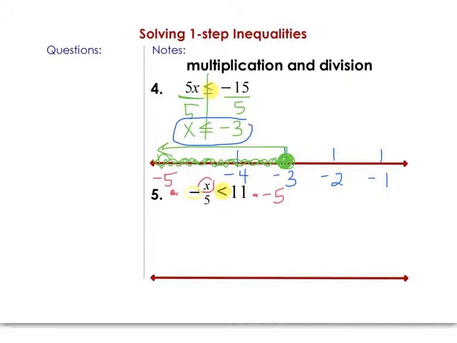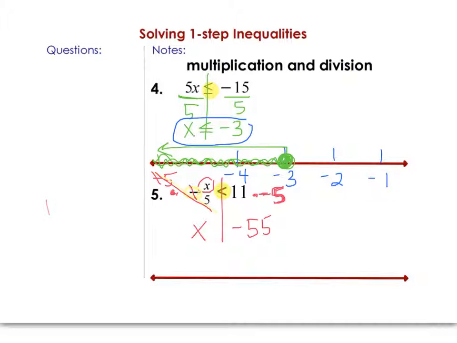To get that negative away from x, I have to multiply both sides by -5, because then that negative cancels out with that negative. So I'm left with x all alone. 11 times -5 is -55.